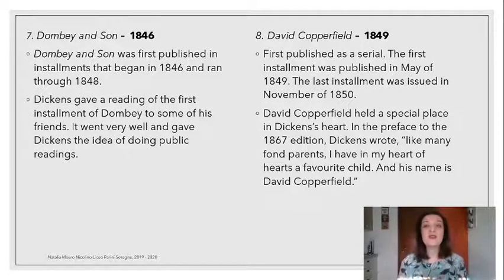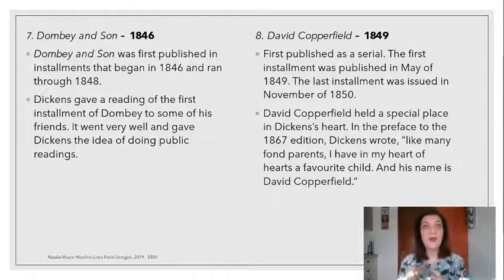As we said, David Copperfield is an autobiographical novel, and we will focus on it in another lesson. This novel, as I have already said, was very important to Dickens.